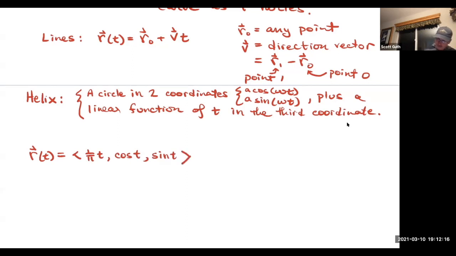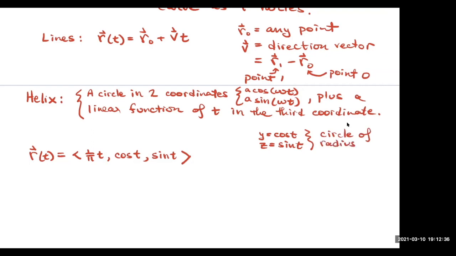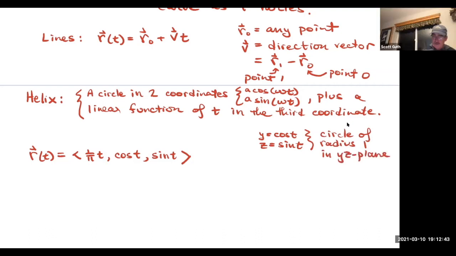Obviously y is cos t, z is sine t. That's a circle of radius 1 in the YZ plane. Okay, any questions?